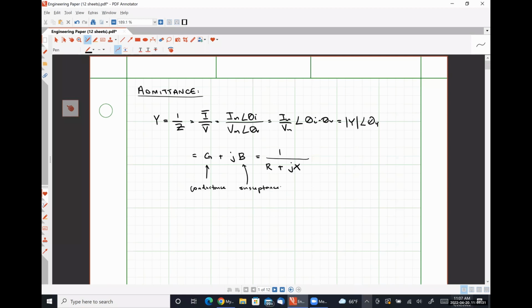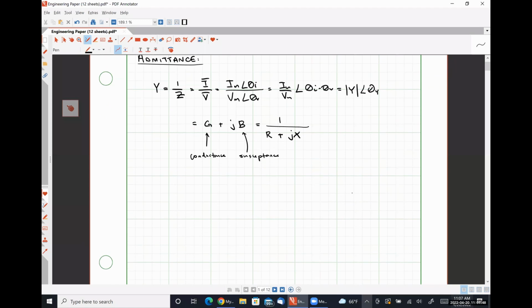Now, in DC circuits, our conductance G was simply the reciprocal of our resistance R. But because we have this complex relationship, that's no longer explicitly the case. So instead, we can find that G, our conductance, in terms of our impedance quantities, is given by resistance R divided by the sum of the resistance squared plus the reactance squared.